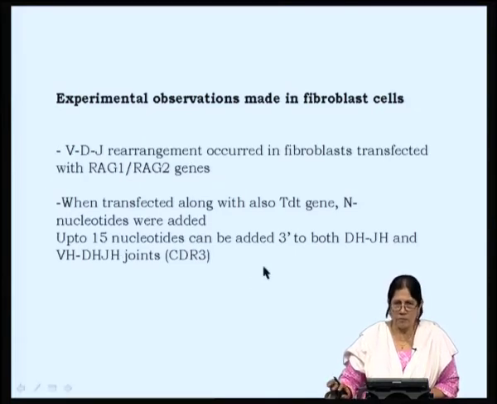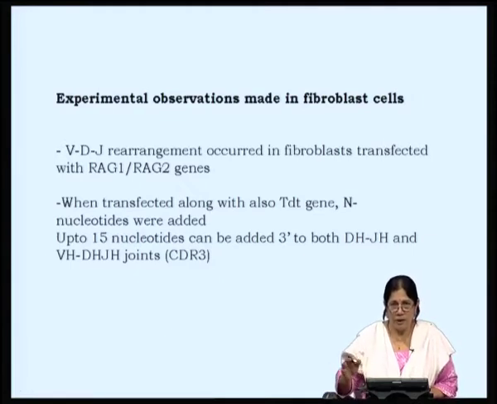Now, there is a very elegant experiment that was carried out to show this. I have told you in a few lectures ago that people have been able to induce recombination events in fibroblast cells. Recombination, or rearrangement, of the immunoglobulin gene would not happen in any other cell except T and B cells.